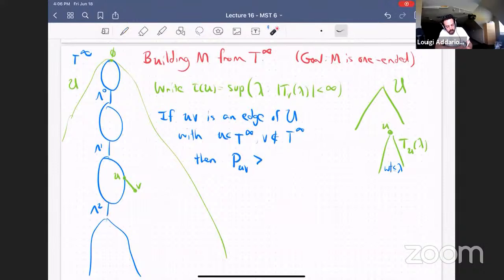Because when Prim's algorithm explored, it chose to add this edge instead of this edge at some point. It had both edges available. It chose the smallest weight edge, and that edge was lambda 2.